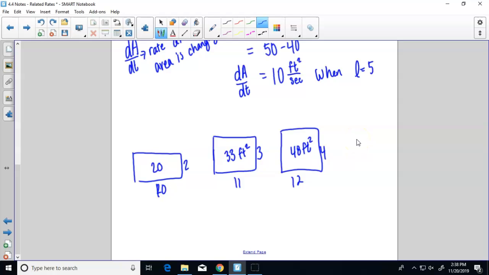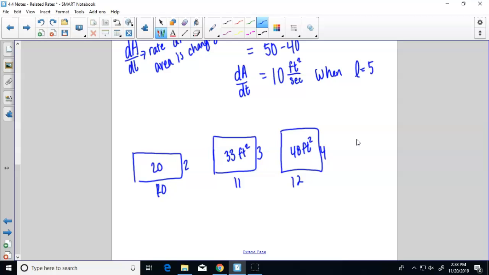It's not increasing at a constant rate. Even though the length is increasing constantly, the area is not going to increase at that same rate. That will be the case anytime you have a unit squared or volume or anything like that. Okay, questions?